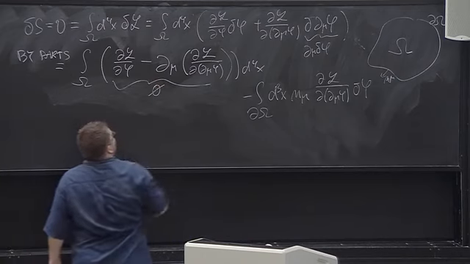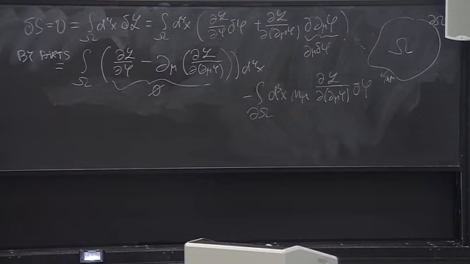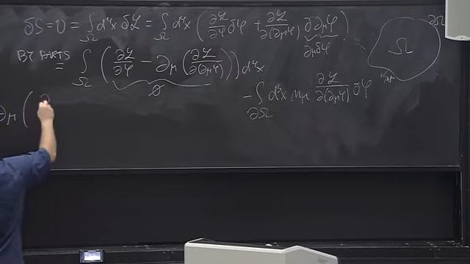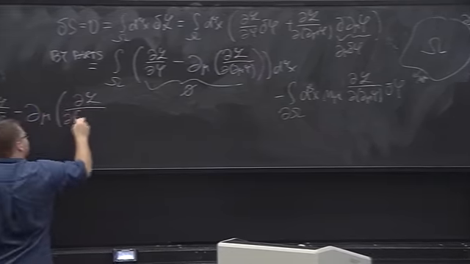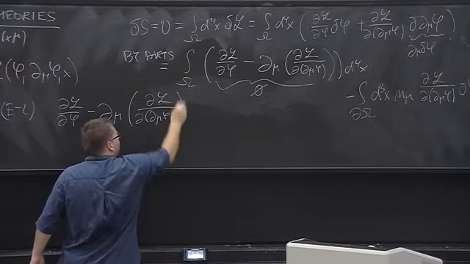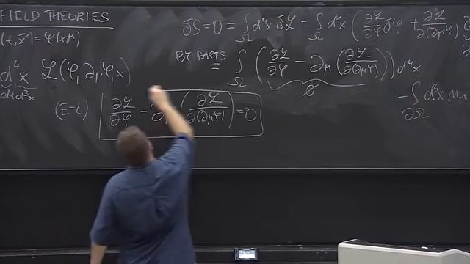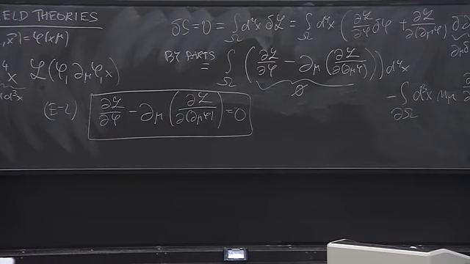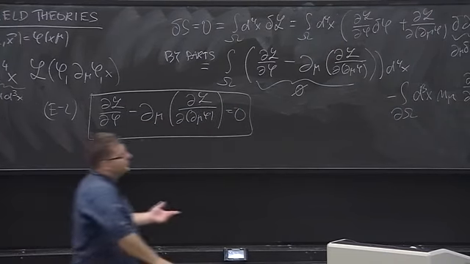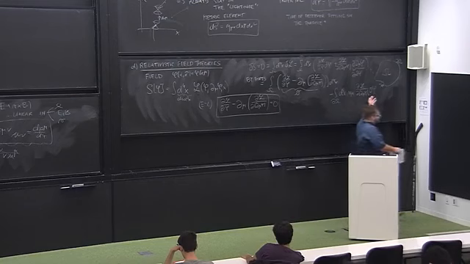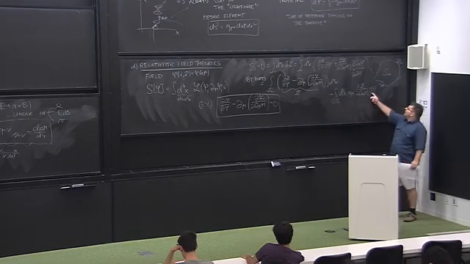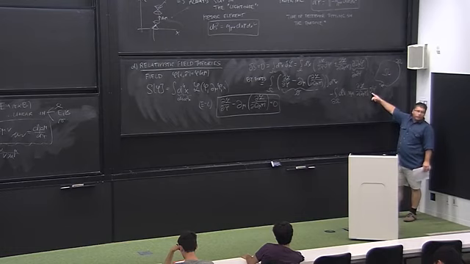Okay, so now this is whatever is happening inside the boundary, so it better be 0, and that's my Euler-Lagrange equation. So the Euler-Lagrange equation now is just dL/dφ minus ∂_μ dL/d(∂_μφ) equals 0. That's my Euler-Lagrange equation. And then better my boundary term be 0. But you see that I can make it 0 provided that I choose δφ on the boundary to be 0.